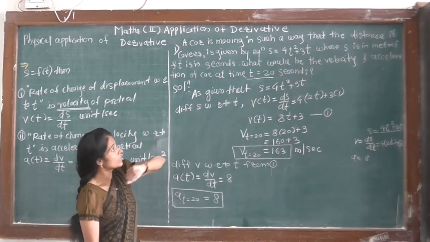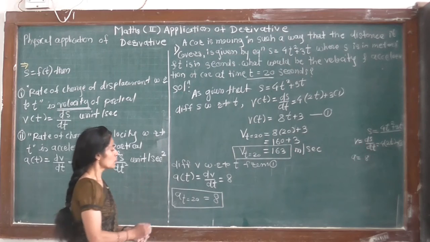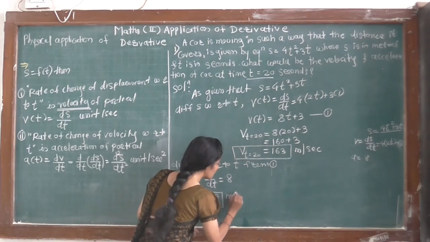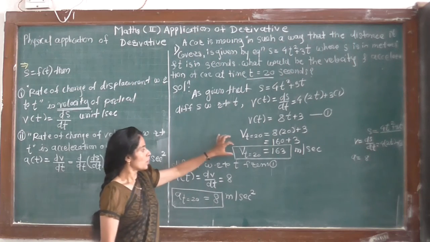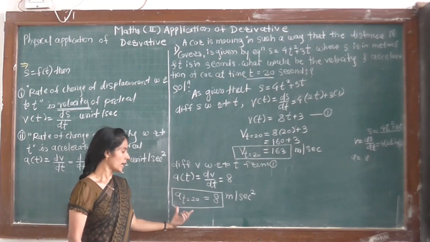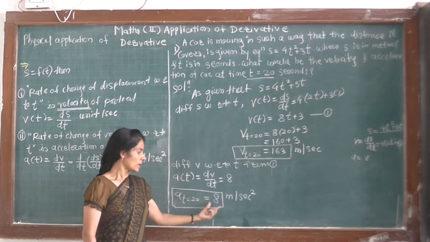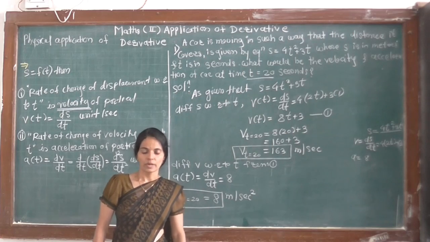From the given units, distance is counted in meter and time in second. So its unit should be meter per second square. So velocity is 163 meter per second, and acceleration is 8 meter per second square. So let me stop here.